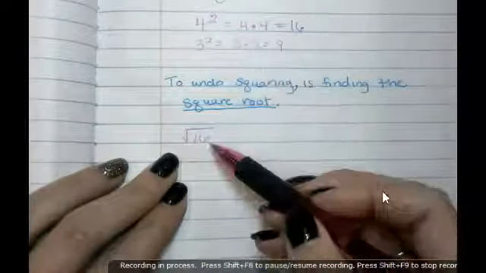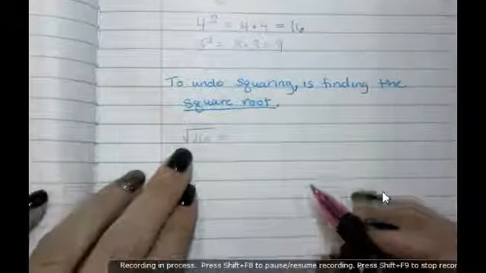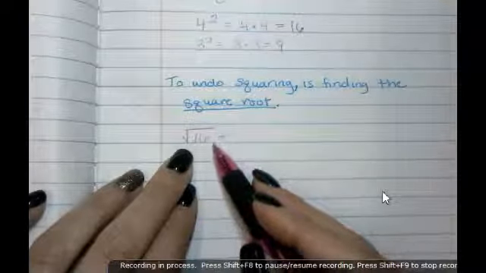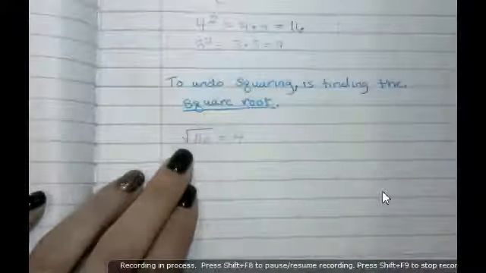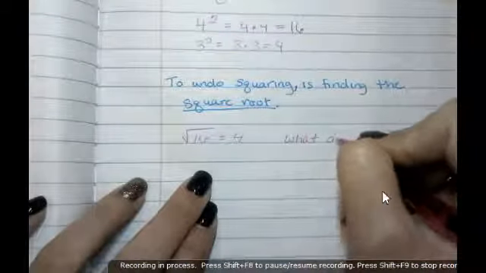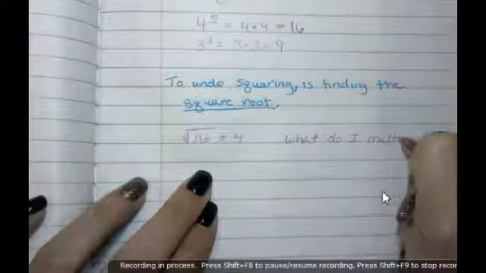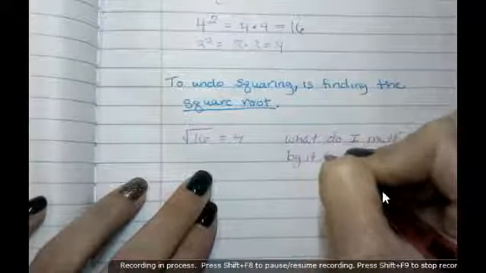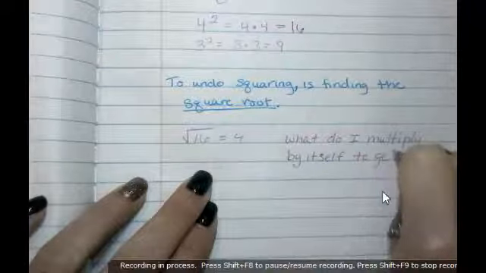The square root of 16, I'm asking myself, what number do I multiply by itself to get 16? And that number is 4. So the question is, what do I multiply by itself to get 16?